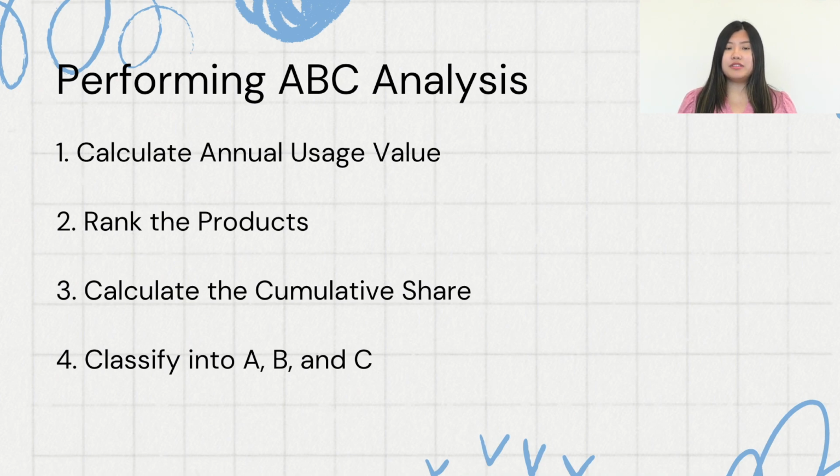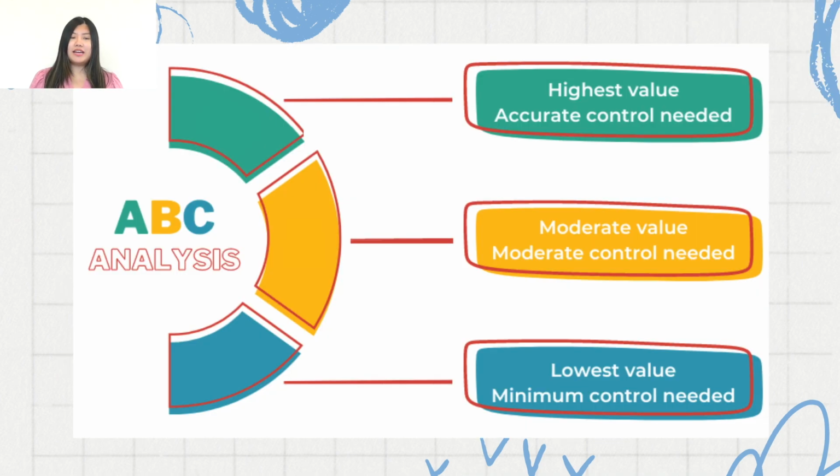Then you will calculate the cumulative share by finding the cumulative percentage of the total annual usage value. Lastly, you can classify your items into the A, B, and C categories based on the percentage requirements listed here.